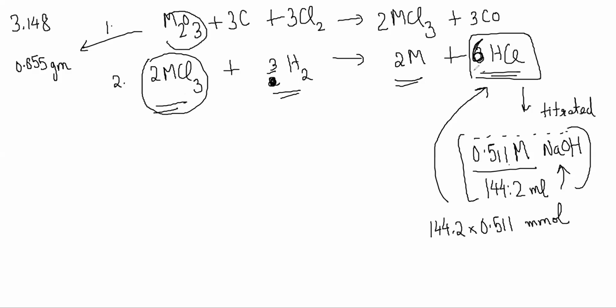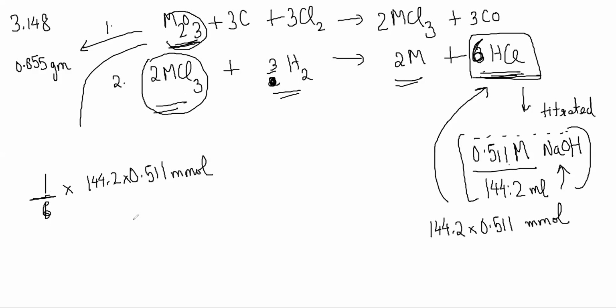The relation will be 1/6 of 144.2 into 0.511 millimole, by following the balanced reactions, 2:6 and 1:2, so it becomes 1/6. Everyone has understood that step?